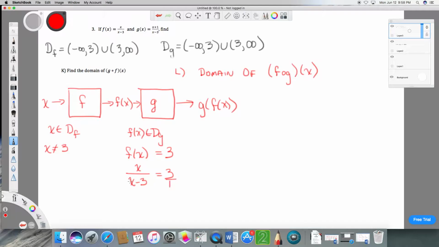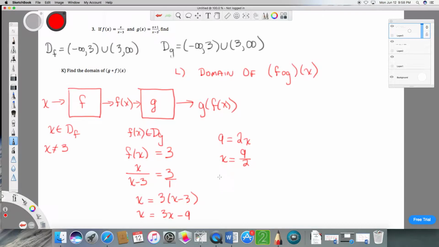Let's cross multiply. Let's add 9 to each side and then subtract 1x so that I have 9 is equal to 2x, or x is equal to half of 9.